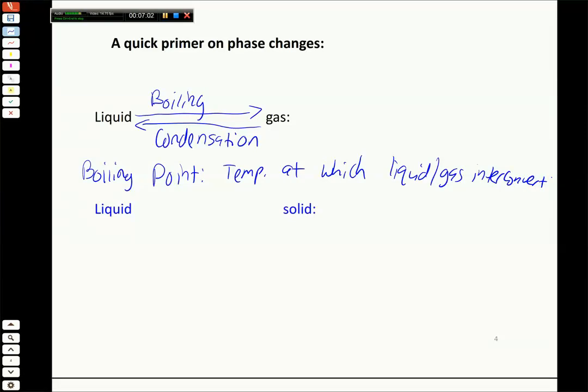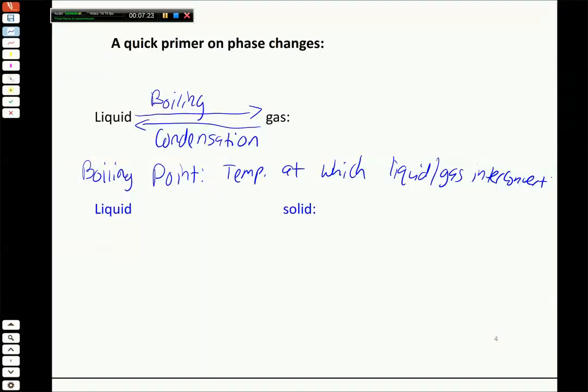We've all boiled water before. When you heat up water to a certain temperature, it boils, it goes from the liquid phase to the gas phase, and that temperature for water occurs right at 100 degrees Celsius. Every other substance is going to have its own unique boiling point, but at some temperature, the substance will interconvert between liquid and gas.